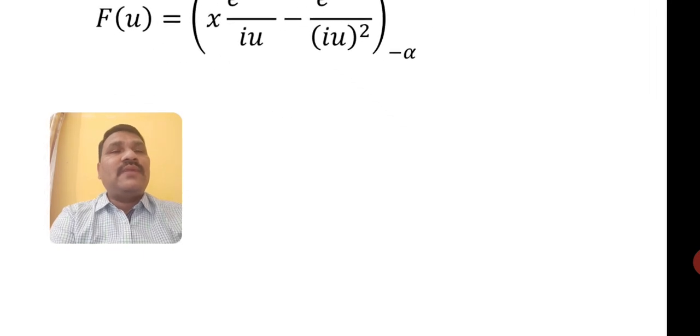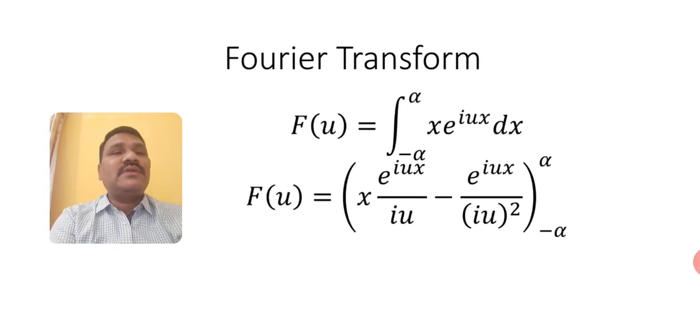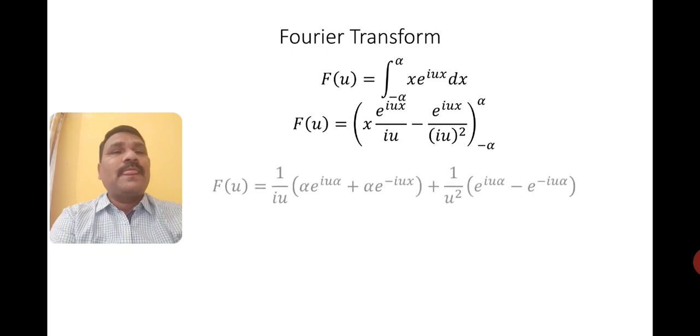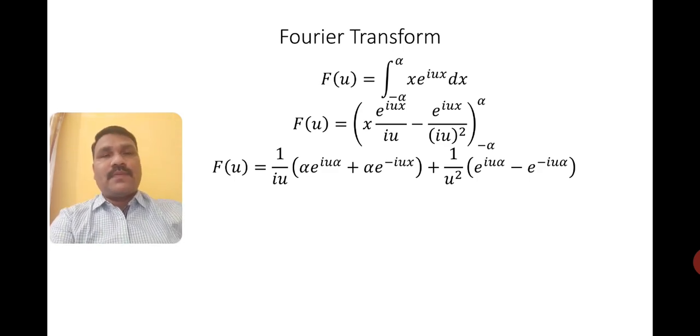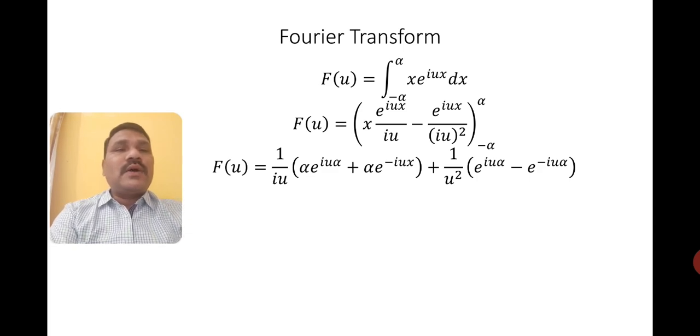Now apply the limit for this. What limit will you get here? The upper limit I took outside for the iu. Wherever x is there, I will put the upper and lower limits. So alpha e to the power iu alpha, putting the upper limit first, plus alpha e to the power minus iu alpha.